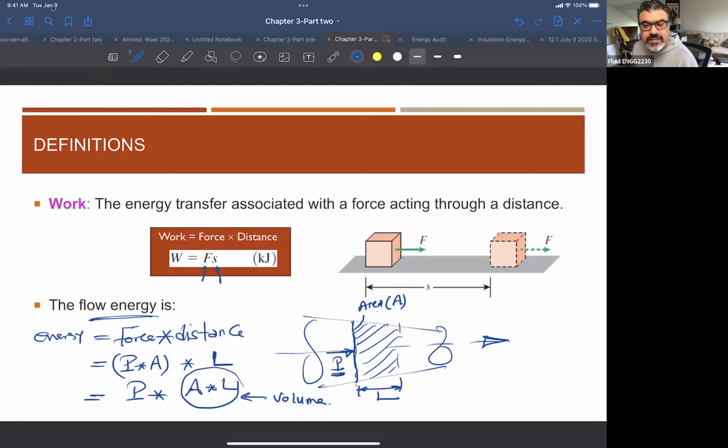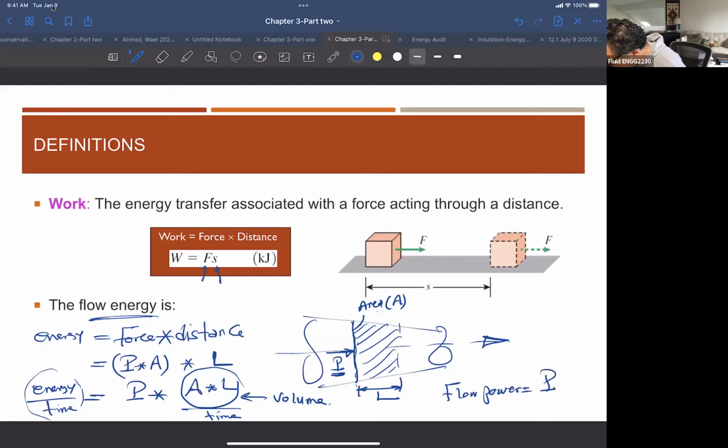How about if I divide this energy by time? What is the energy per unit time? It is power, right? So basically this is a flow power here. The flow power will be the pressure times Q, and Q here is our discharge, right?